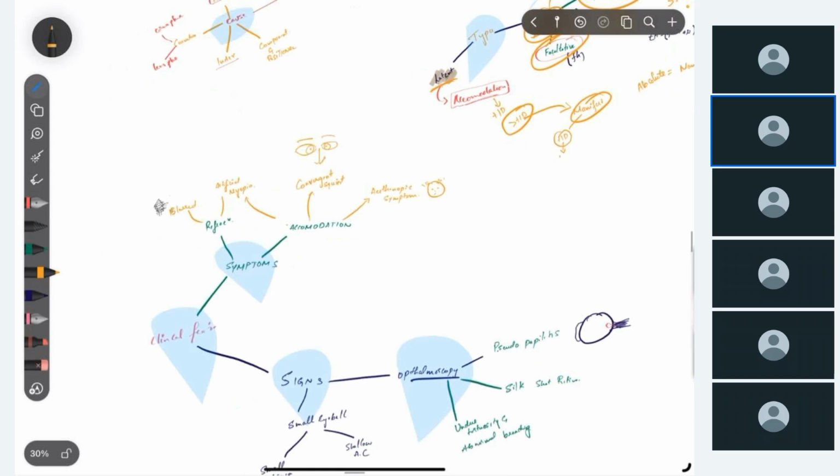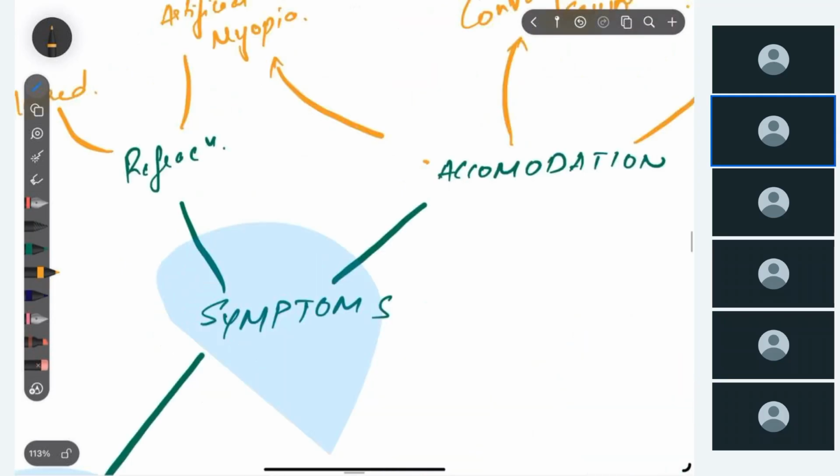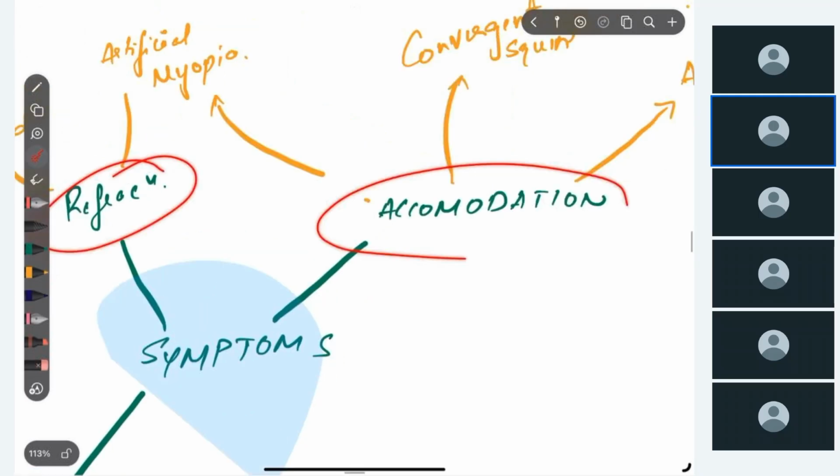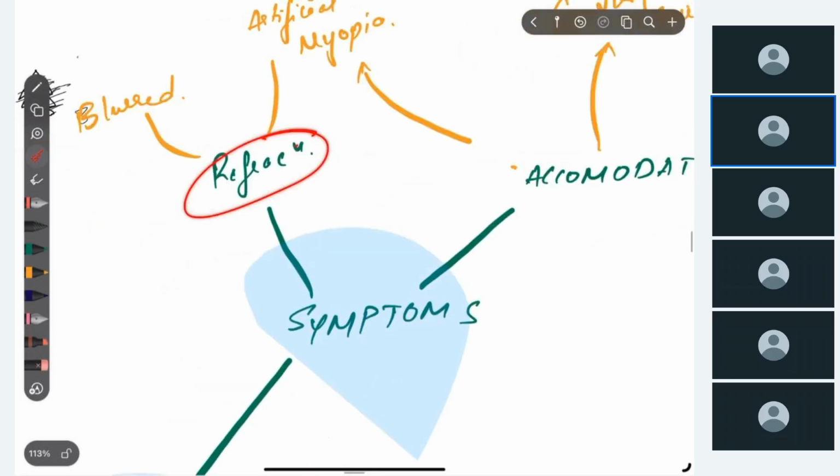Next, we will see the clinical features of hypermetropia. In clinical features, symptoms can be classified as symptoms because of refractive error and symptoms because of the accommodation of that refractive error. Because of refractive error, obviously the person will have blurred vision, and then symptoms because of accommodation.